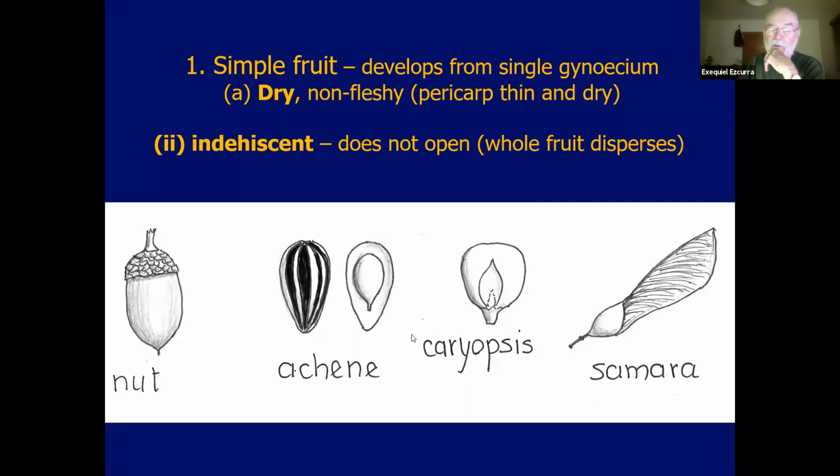And this is the fruit of grasses, in particular cereals, and we call them caryopsis. A corn kernel, for example, is a caryopsis. A wheat berry is a caryopsis. An oat grain is a caryopsis.